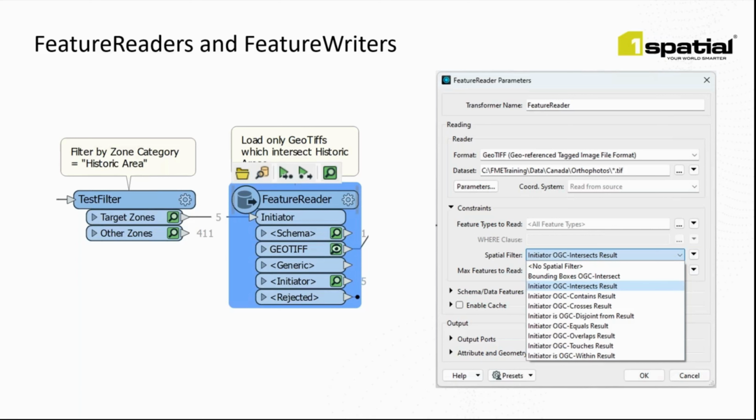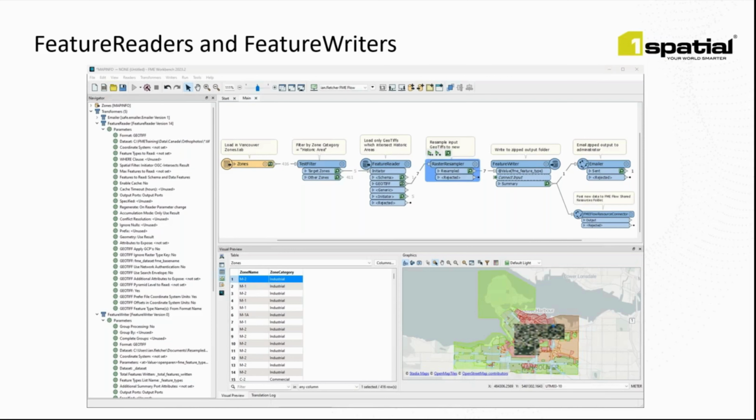Putting this all together, let's just reflect on what this workspace example is doing using some examples of feature readers and feature writers. So we have a catalogue of geotiffs on the left-hand side, which is being read in from a conventional reader. This catalogue of geotiffs covers the entire extent of the city of Vancouver and is a very high resolution dataset which has been tiled into a 6x6 grid, so we can expect the full dataset to be rather large.